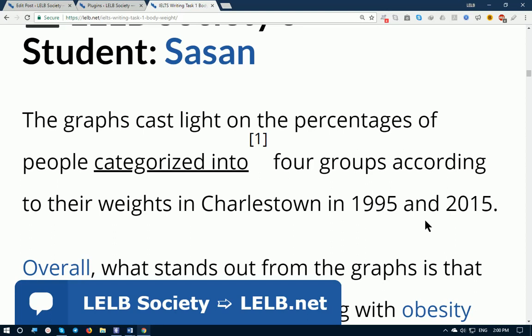So the first paragraph of IELTS writing task 1 is a brief summary of the graph, or what the visual information depicts or tries to show.